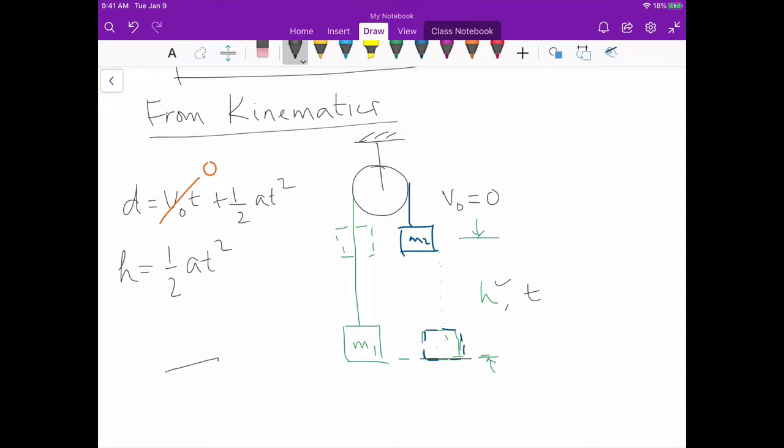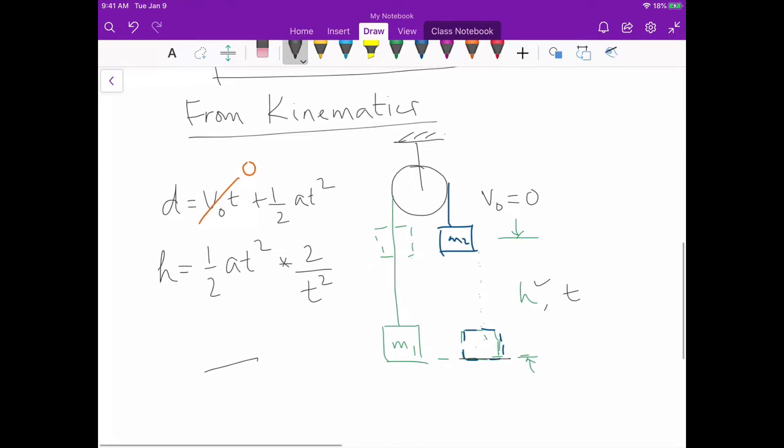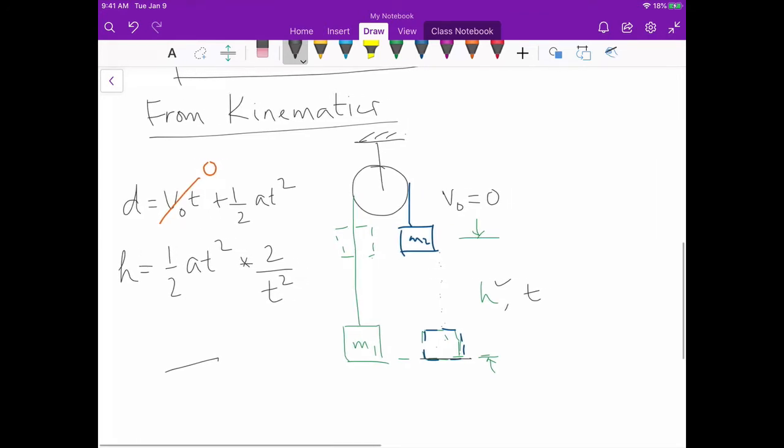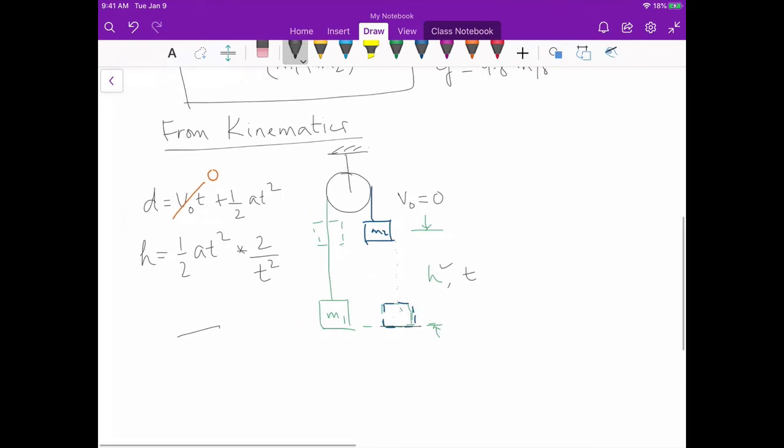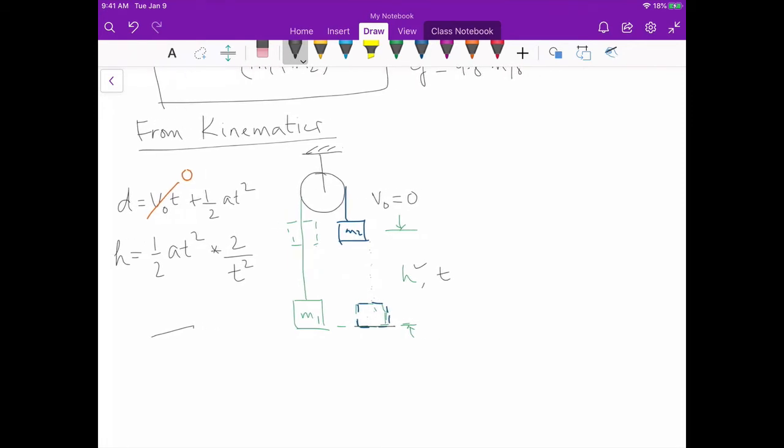If you multiply this by 2 and divide by t squared, and do the same thing on the other side of the equation, the 2s cancel out and the t squared cancels out.